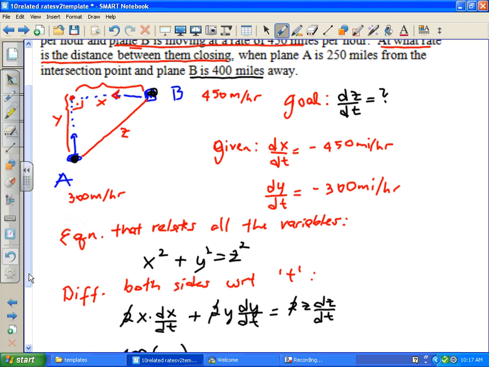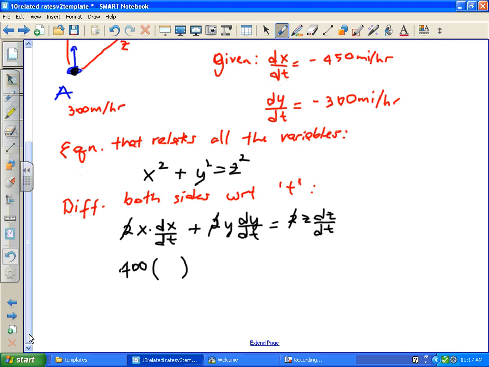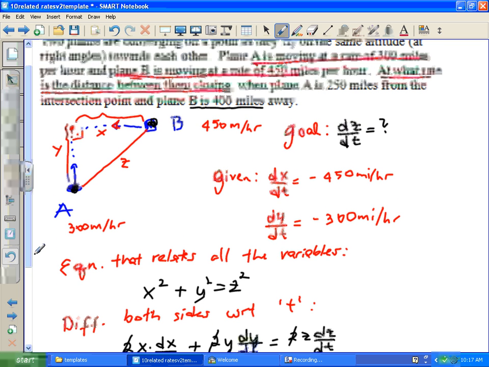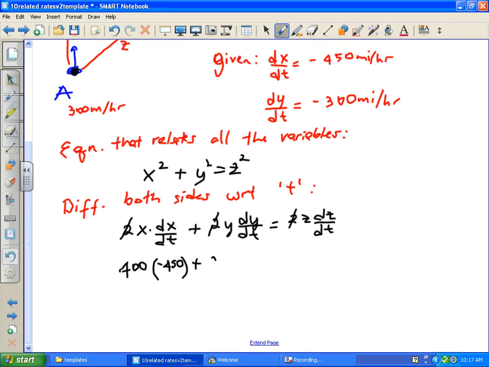That was negative 450. Plus y. That's the distance that A is away from the intersection. And A was 250 miles from the intersection. Times dy/dt. And what do we know about that? Negative 300.